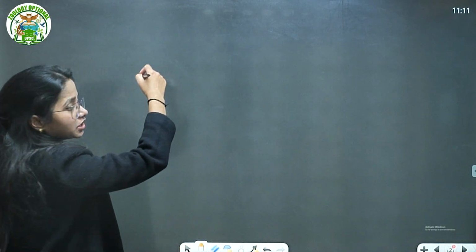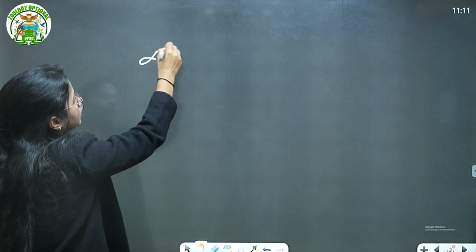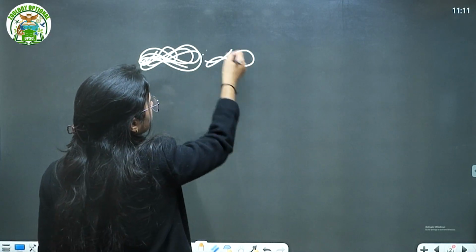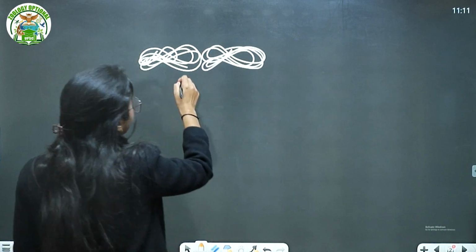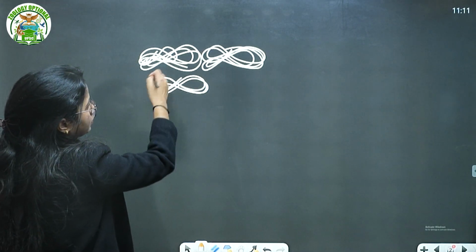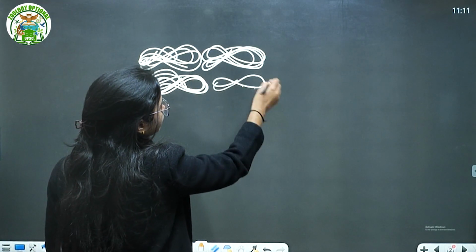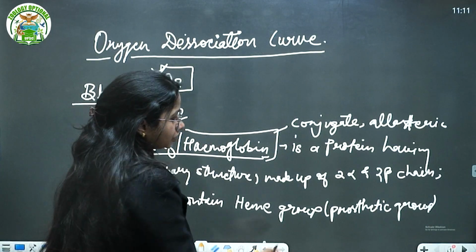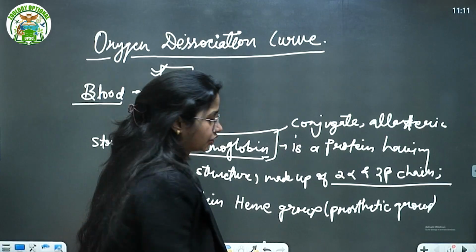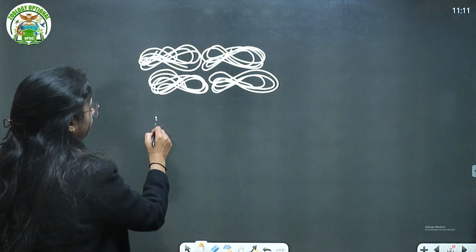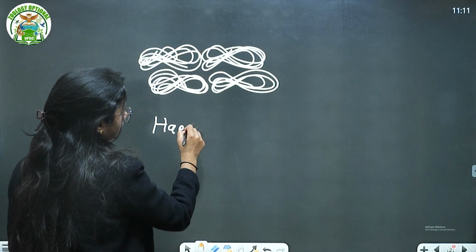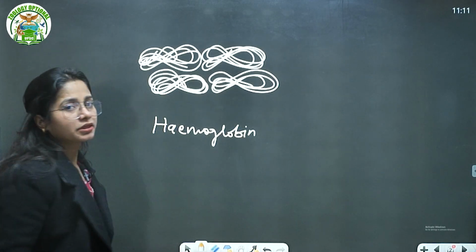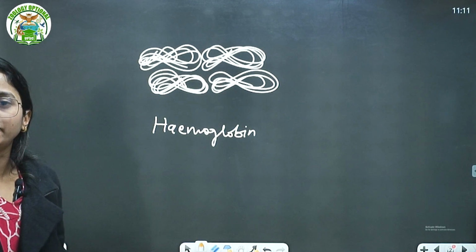If we want to see simply the hemoglobin, this is your first chain, this is your second chain, this is your third chain, and this is your fourth chain. What we have mentioned: 2 alpha and 2 beta chains, and this is the complete structure of the hemoglobin. Where does the heme exist? There are 4 heme molecules for the 4 globins.